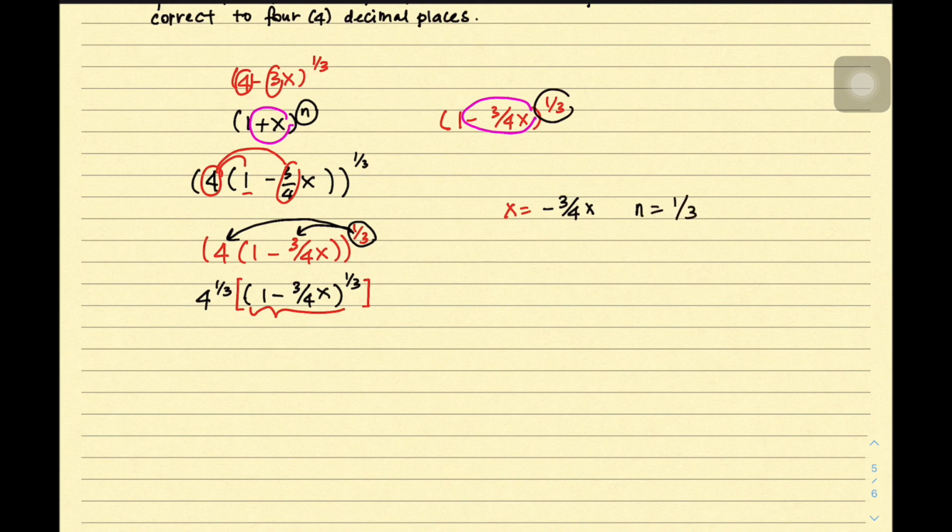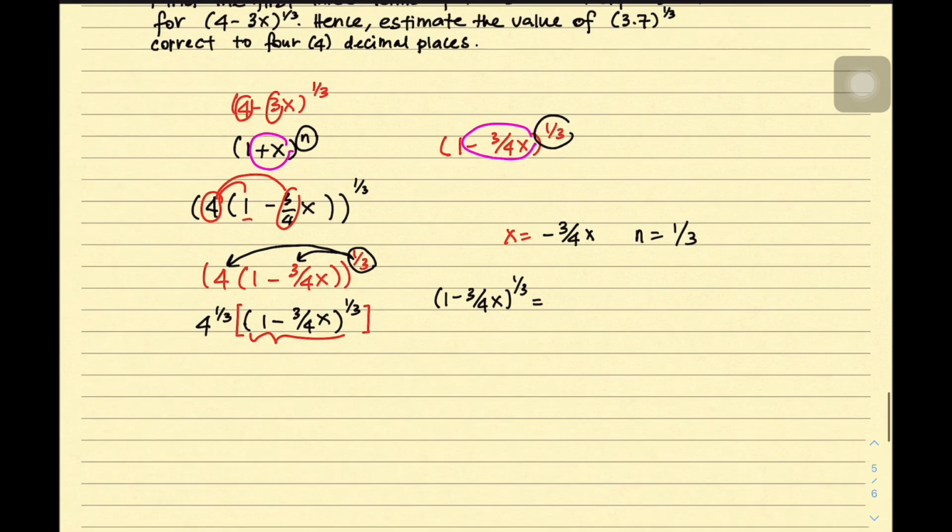Okay, so bila kita dah ada value of x, kita dah ada value of n, there is no problem for us to find the expansion of the function. So now we are finding the expansion of 1 minus 3 over 4x to the power of 1 over 3. Okay, so expansion dia adalah tadi kita tulis 1 plus nx plus n times n minus 1 divided by 2 factorial x squared.